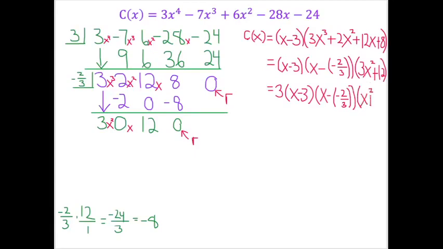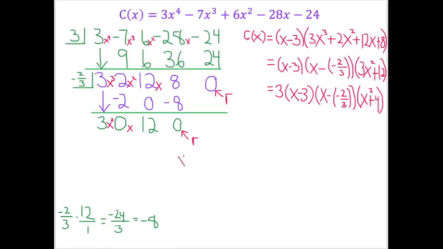And if I factor out a 3 from 12, 12 divided by 3 is 4. Now, if I were factoring this just in the real numbers, I'd be done. But this x squared plus 4, this quadratic, we can actually factor further into complex zeros.